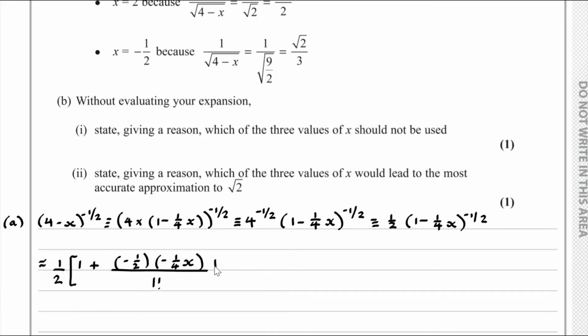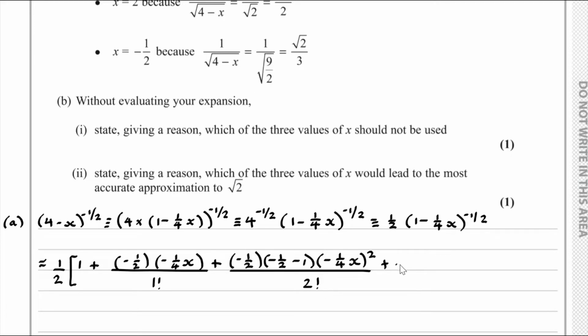And then we have, for our next term, minus 1/2 lots of minus 1/2 minus 1 lots of minus 1/4 x squared divided by 2 factorial.